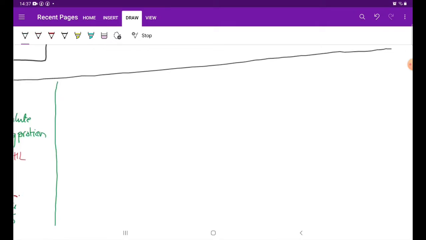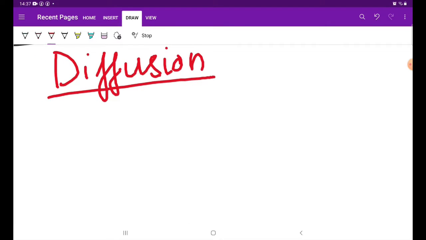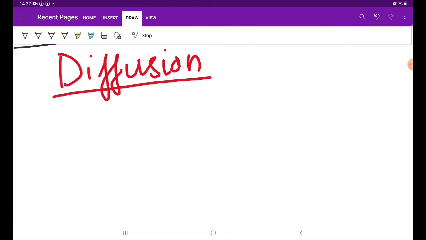Now let's discuss diffusion. The first thing we have to keep in mind is that diffusion can be divided into simple diffusion and facilitated diffusion. So what is diffusion? First of all, in diffusion, no ATP is used.